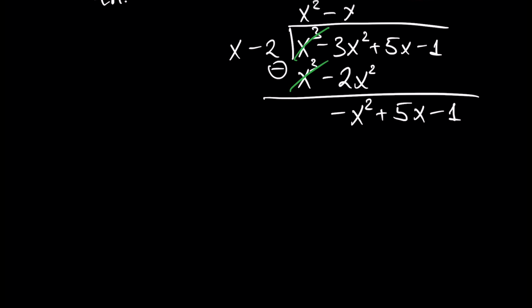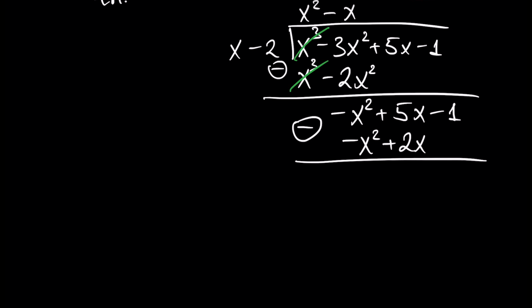Now here we have minus x, and if we multiply this minus x by this divisor, we will have minus x squared plus 2x. After a subtraction, we will have 3x minus 1.